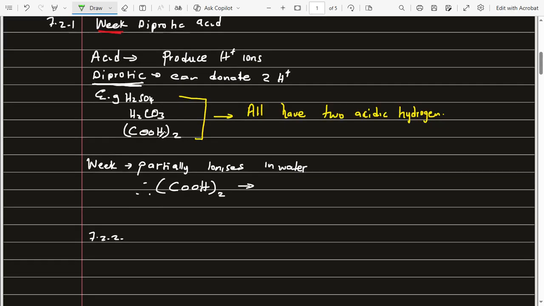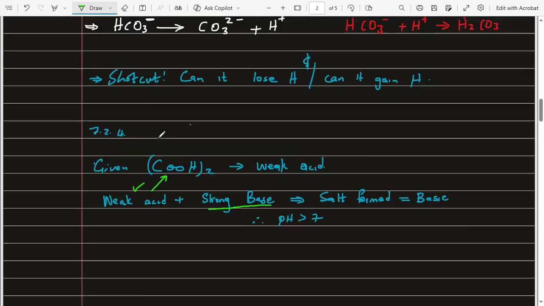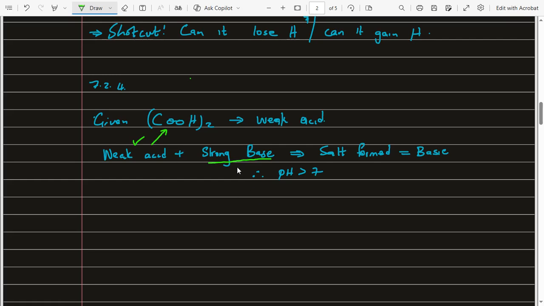To answer this question, we know the strong base is sodium hydroxide. Now, you can also do what we call neutralization.